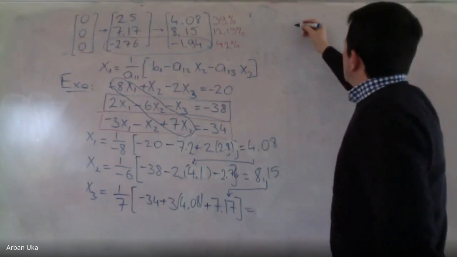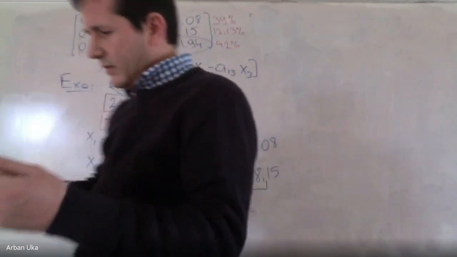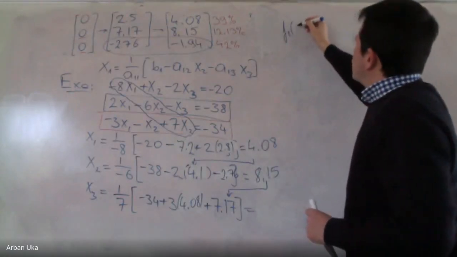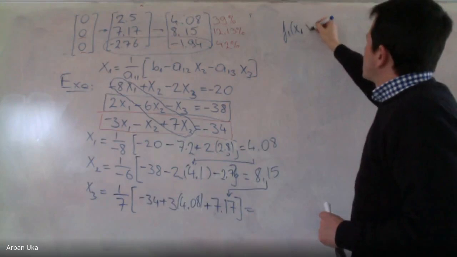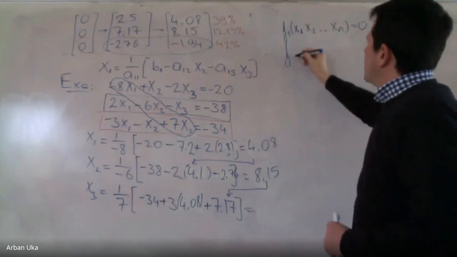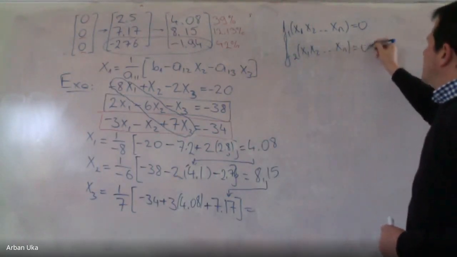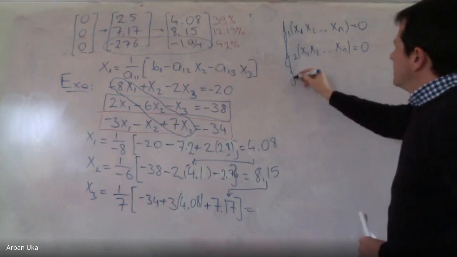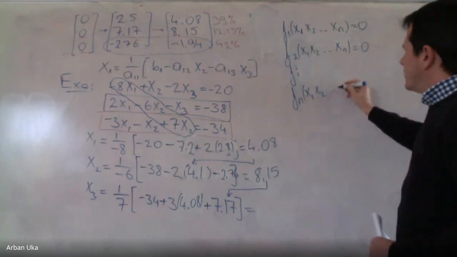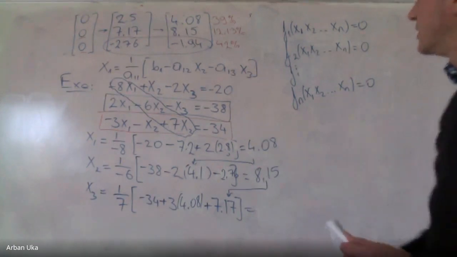So let's assume that we have a function f1 which depends on x1, x2 up to xn, and this is equal to 0. We can have another function f2 which depends on x1, x2, and xn, and this is also equal to 0. We can have several like these. And as we wrote before on the board, this can also include nonlinear terms.